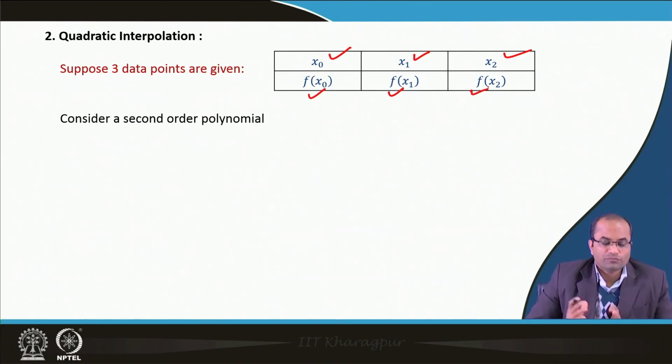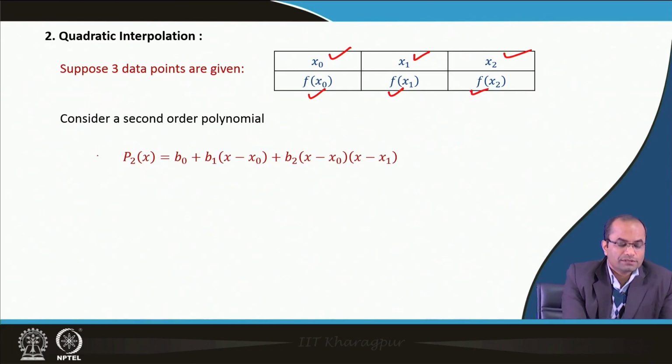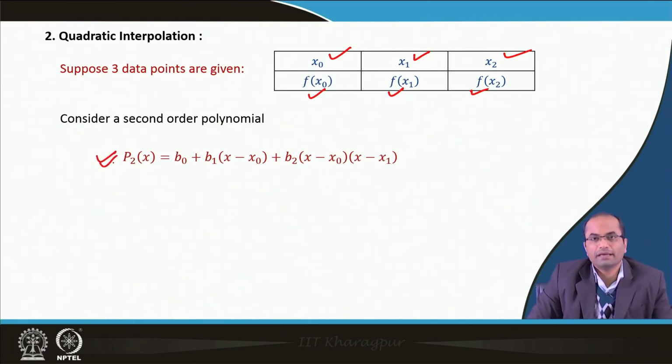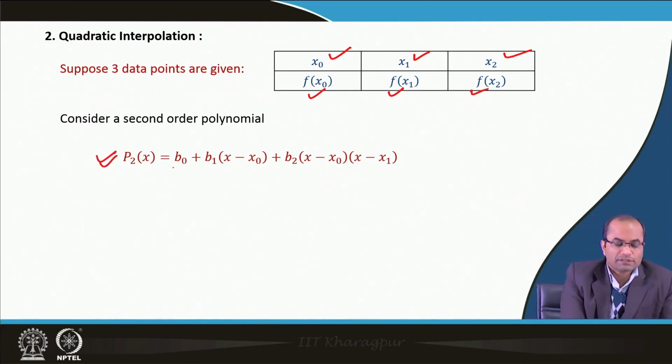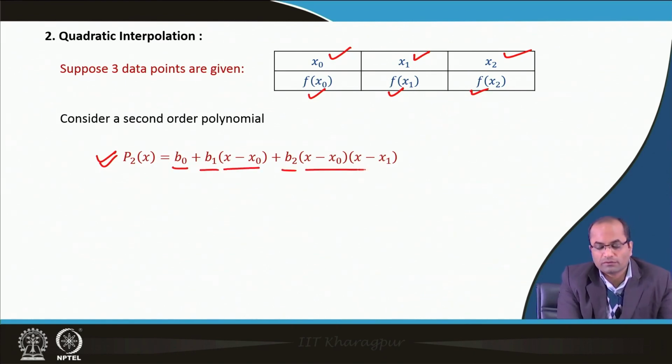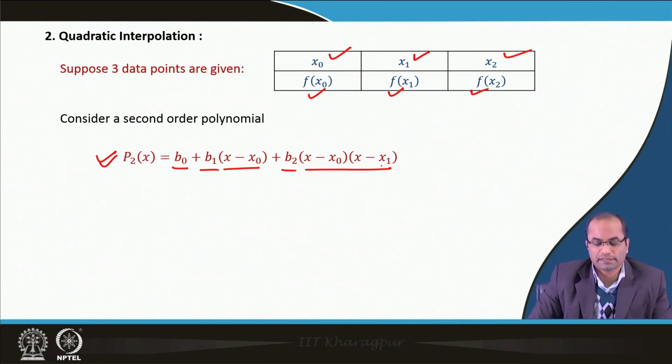So, this time to fit these 3 points by a polynomial, we have to consider a second order polynomial, because 3 points are given. That means, we will consider now a second order polynomial again in the same format. That means, a constant term b naught, b 1 with the x minus x naught, and b 2 the second order term here with x minus x naught and x minus x 1.